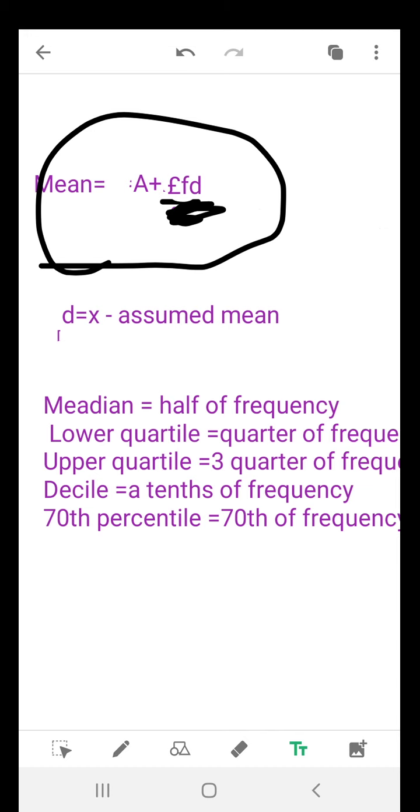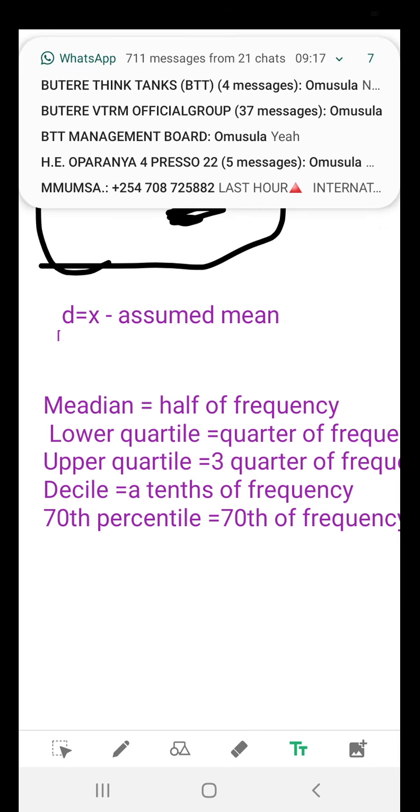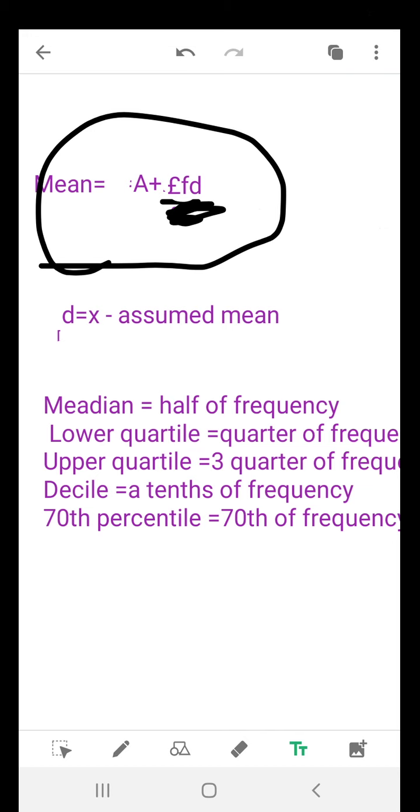Then if you have been given grouped data, we find the midpoints, what we call x. Get the midpoints, that is the upper class limit plus the lower class limit divided by 2.